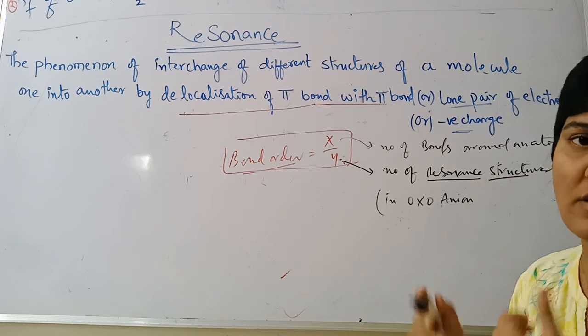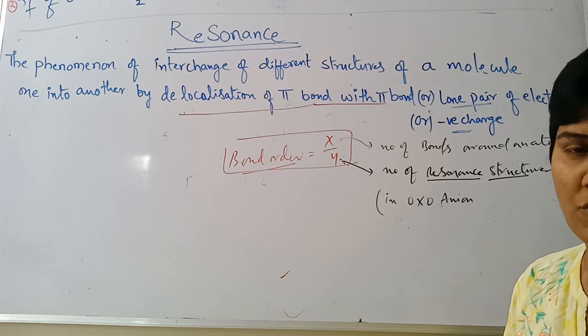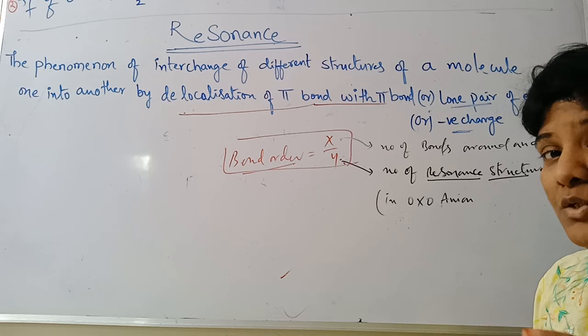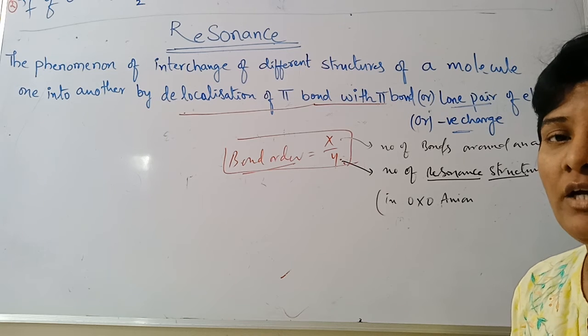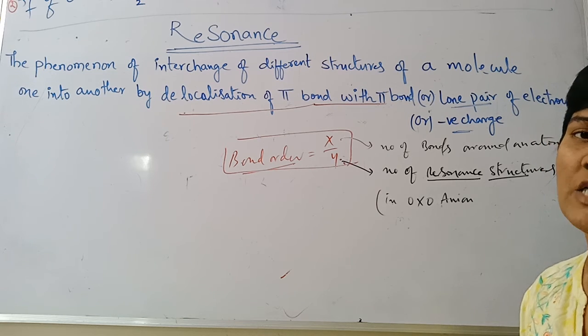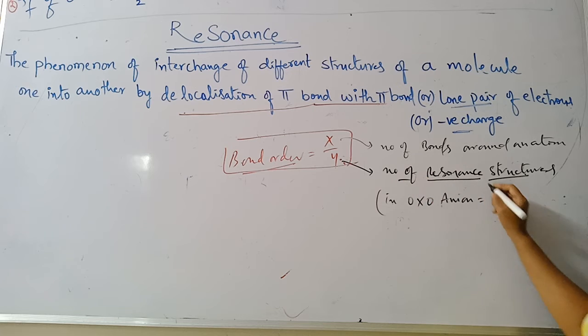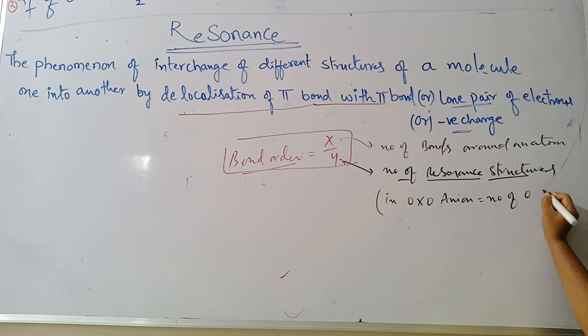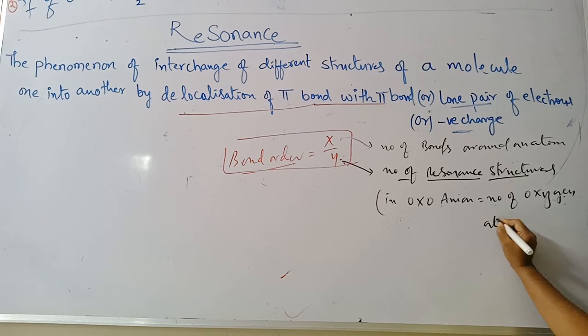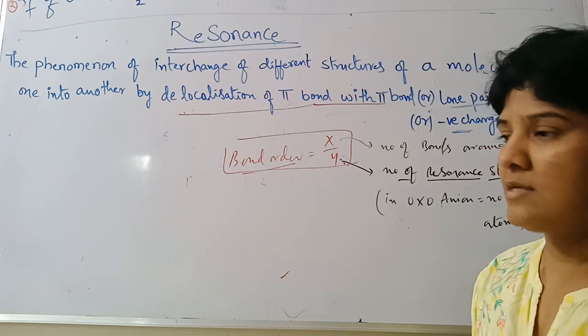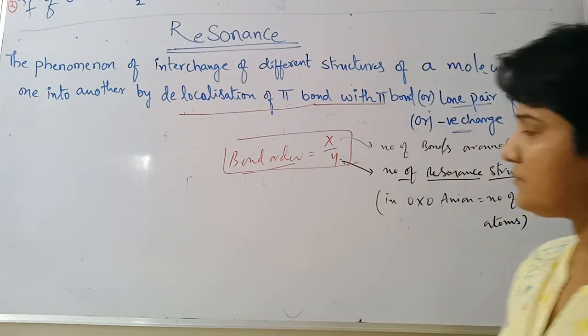It's like a shortcut, because once you know the formula of the oxo anion, you can do the calculation quickly. Is that clear? So now we'll see the oxo anions.